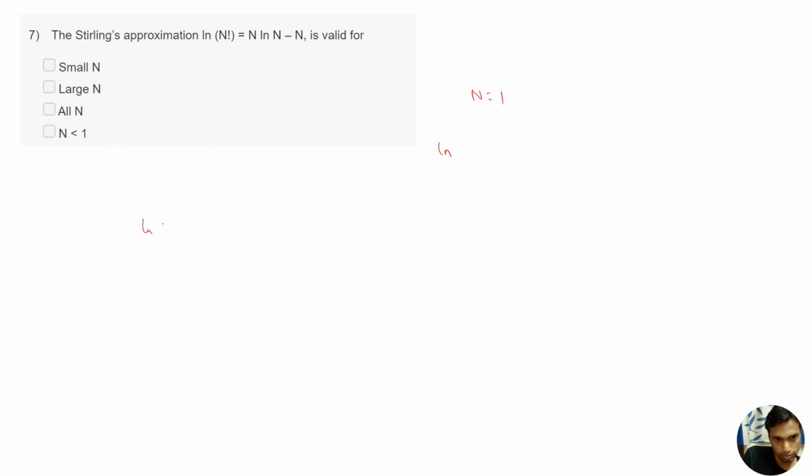We considered n which is large, when we were about to calculate ln omega. Do you remember, omega was n factorial divided by the product over i equal to 1 to r of n_i factorial.